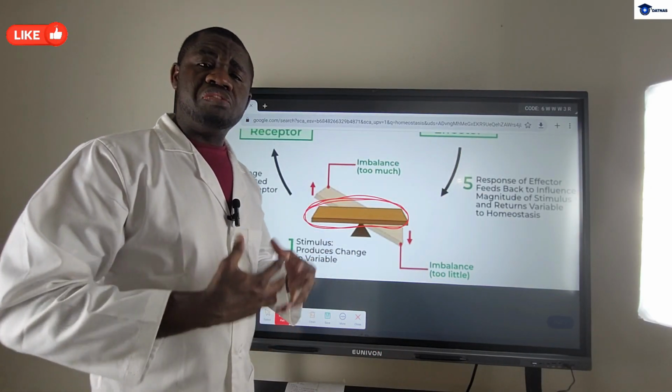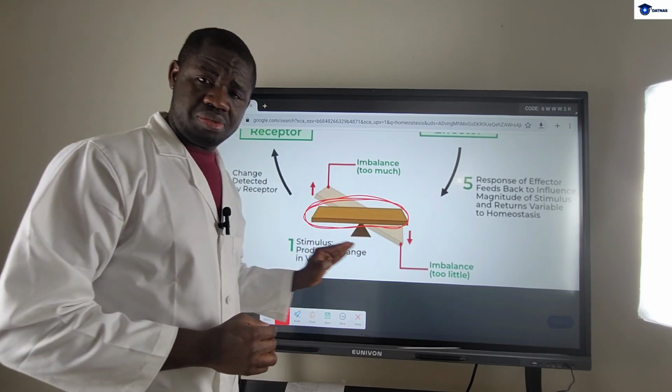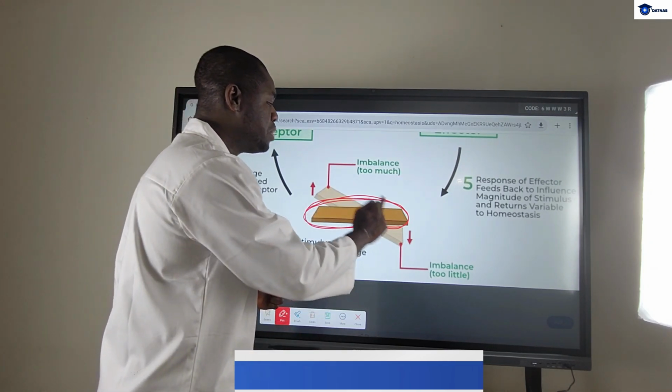The goal of the body is to ensure that the conditions within the body are in a state of equilibrium.